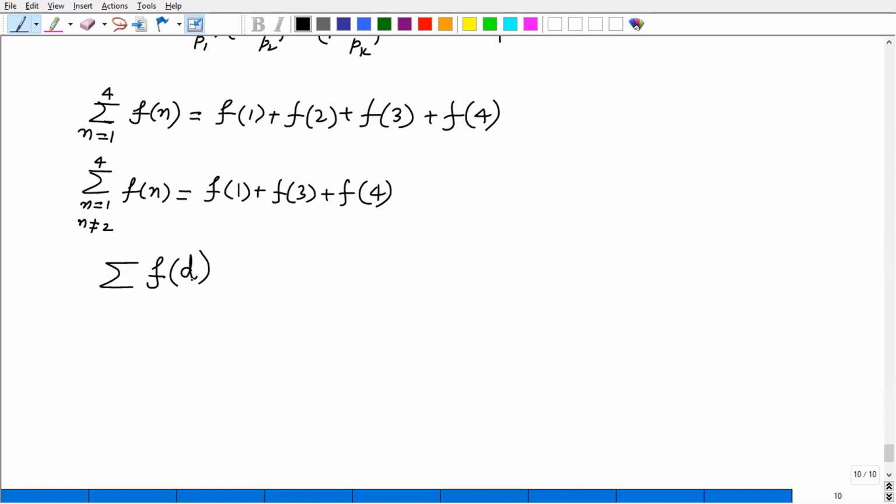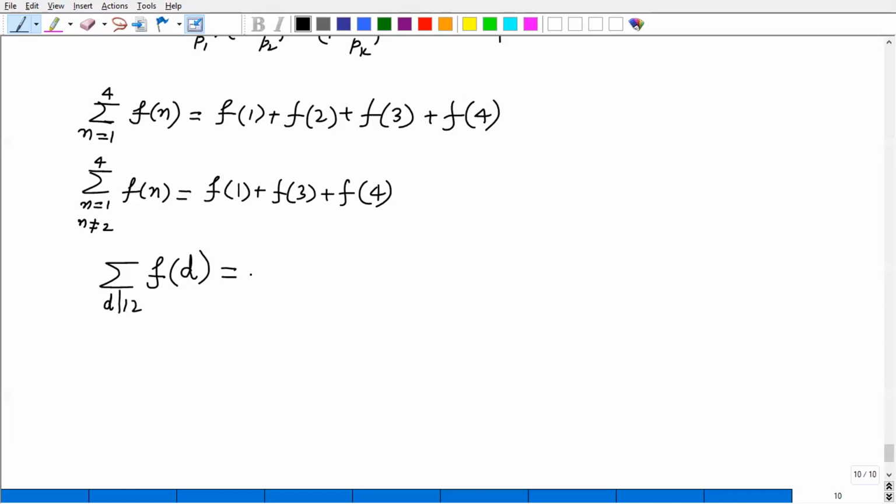So f of d is a function, and now we need d runs from some point to some point. So here we write d divides 12. So d runs through divisors of 12. Okay, so d is the number which divides 12.